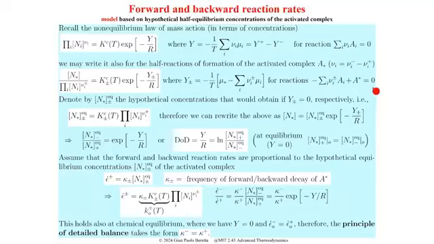Here for compactness, I call them plus and minus. So this represents two reactions, the half forward and the half backward of formation. So they are also written in that same format with everything to the left of the equal sign. So that's the activated complex.